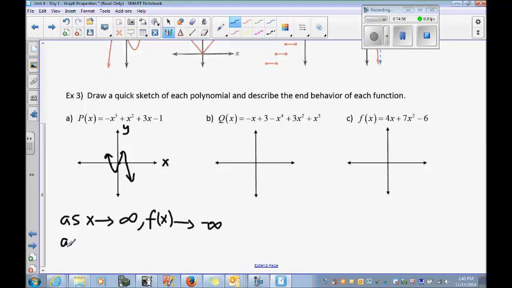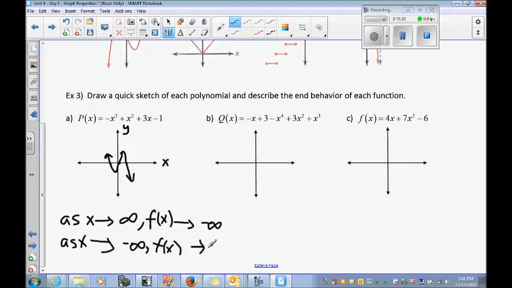Now, conversely, as x goes towards negative infinity, my y's, or my f of x, are going towards positive infinity.